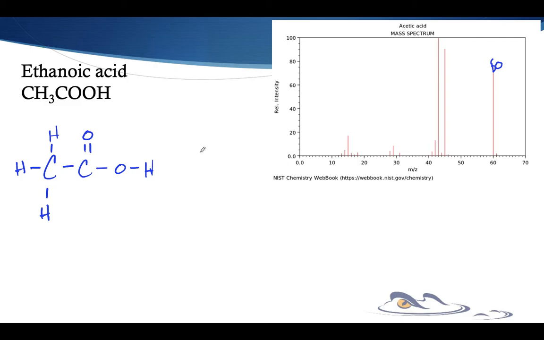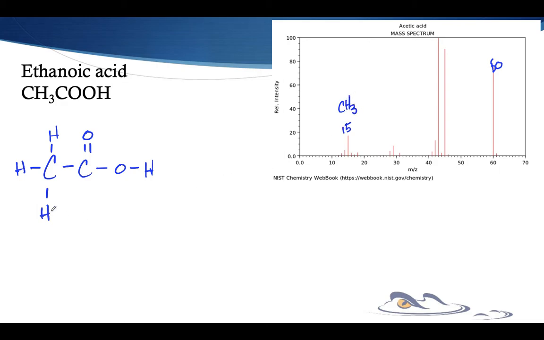So again, we're going to look for big pieces that have broken up and try to make some sense out of them. Here's a piece that we've seen a couple of times now, except it's not super big, but it's bigger than the normal, and that's this one right here at 15, right? So we've seen that 15 represents that CH3 group, doesn't it?